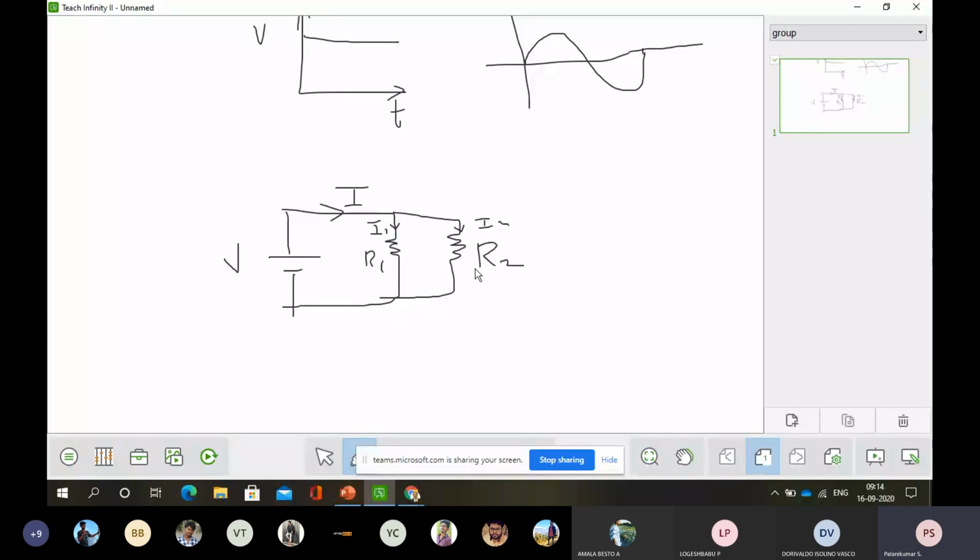Then both are added as the return current to the source. So I1 and I2 will be equal when R1 equals R2.